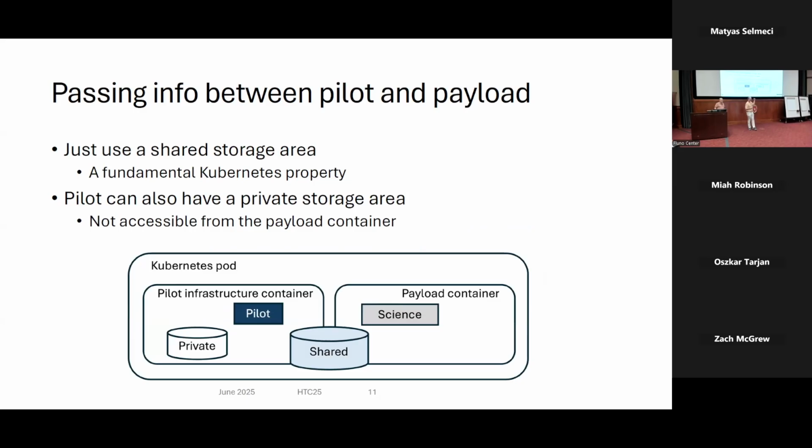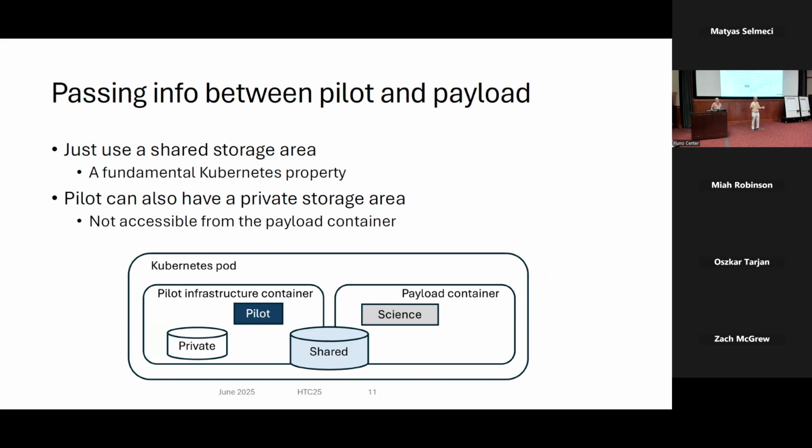Now, there are several mechanisms in Kubernetes that I need to exploit in order to get there. So the first thing, we need a way to share data between the two containers, right? I've got a certain amount of data that belongs to the job. I need to inject it in the container. Well, it's pretty easy to do in Kubernetes.